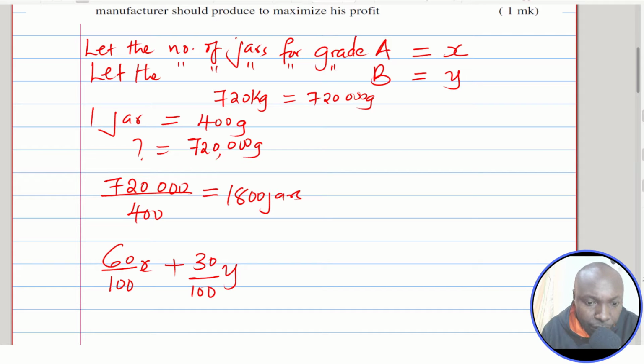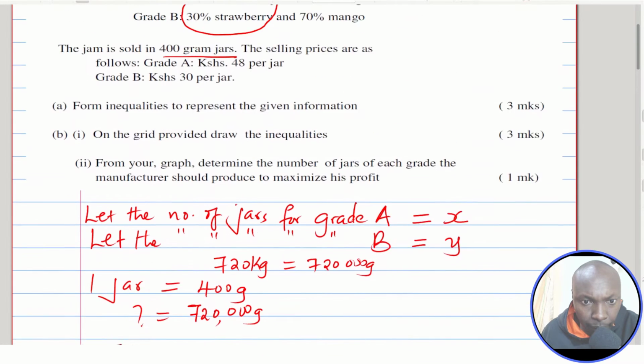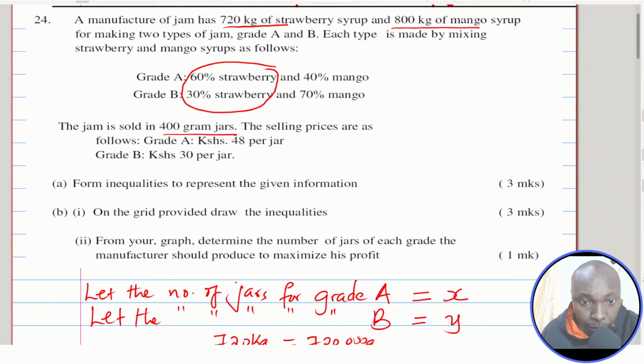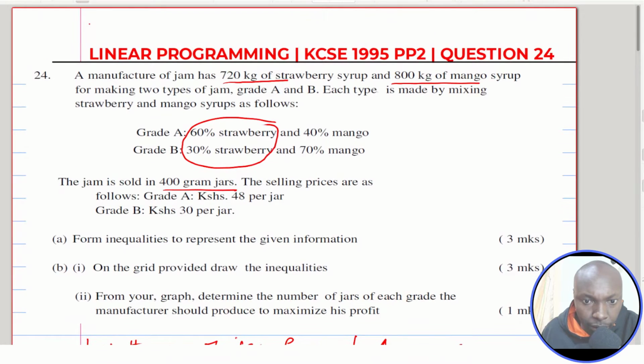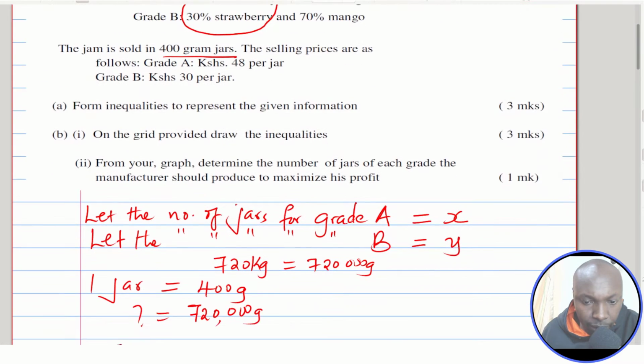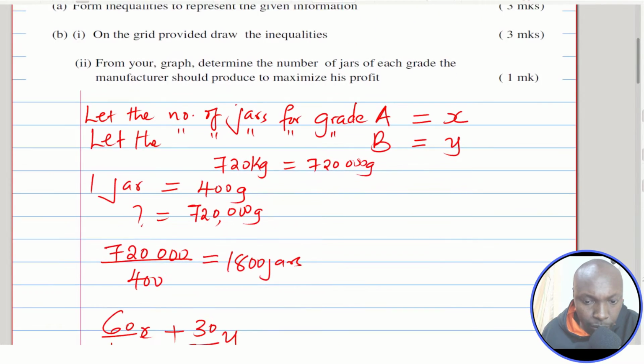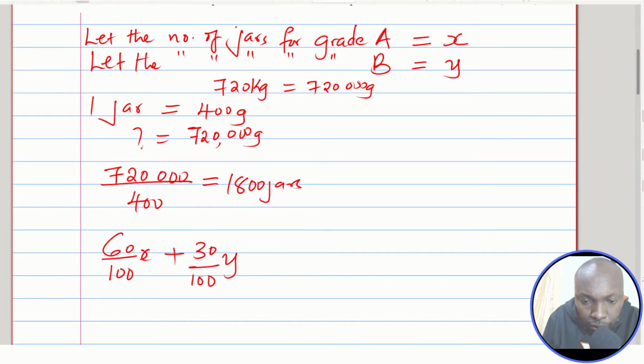So this expression represents the number of jars produced by mixing 60% of strawberry for grade A and 30% of strawberry for grade B. And this should not exceed 720 kg, which we have already found will produce 1800 jars. Should not exceed means it is less than or equal to 1800 jars.